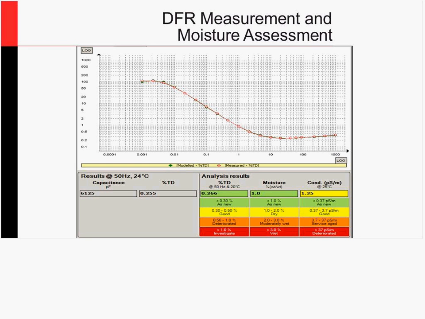And at the bottom is where you get your results. You get your percent tan delta, and in this case, of course in the U.S., we get the power factor results at line frequency, 60 hertz. It provides back the moisture in your cellulose, in this case 1% moisture in cellulose, and it provides you the conductivity of the oil in picosiemens per meter.